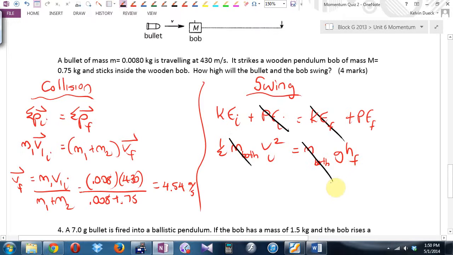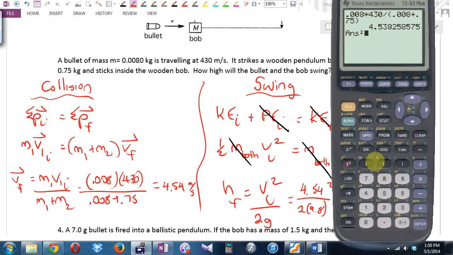Gone, gone. We want h. H is going to be v initial squared divided by 2g. It's going to be 4.54 squared divided by 2 times 9.8. It's going to be that number squared divided by bracket 2 times 9.8.